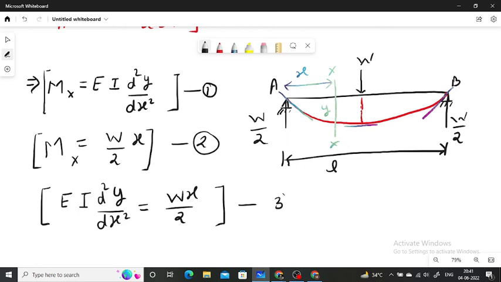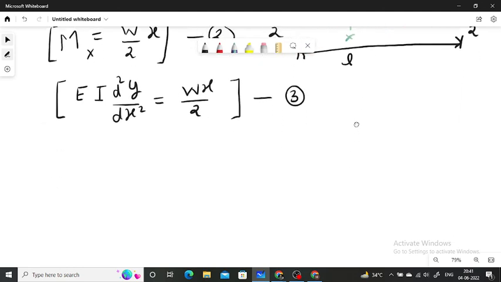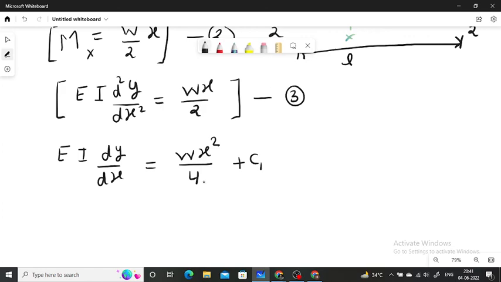Now integrate this equation with respect to x. EI dy by dx is equal to Wx square by 4 plus C1. Here C1 is the integration constant.